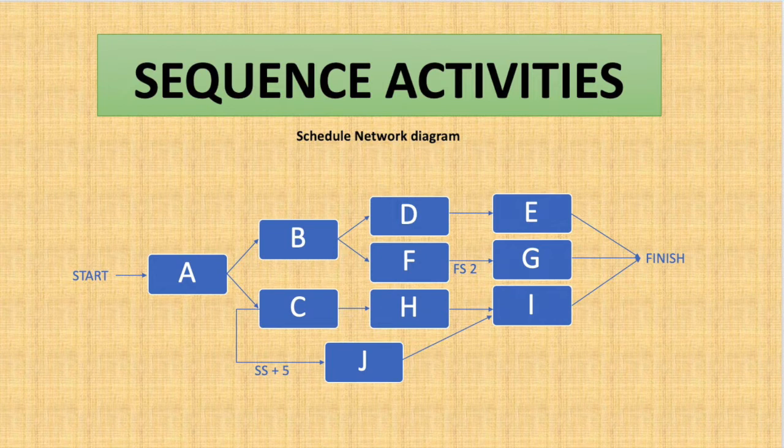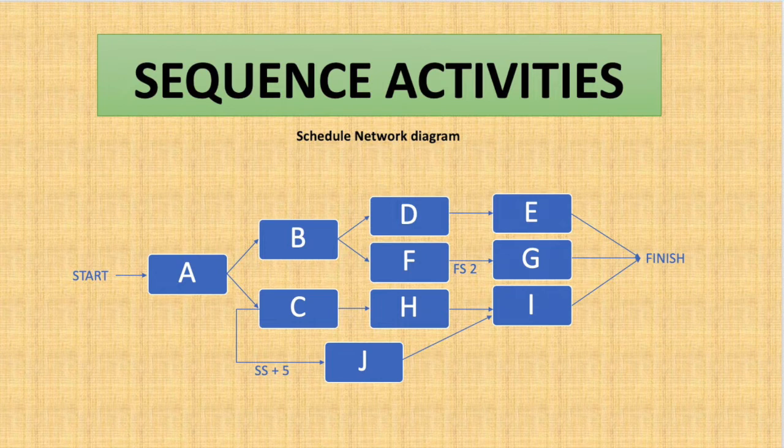As you can see, activity C and J have a start-to-start relationship with a 5 days lag time. We will start activity C and activity J together with a 5 days difference. Also, there are two activities, activity F and activity G. They both have a finish-to-start relationship.